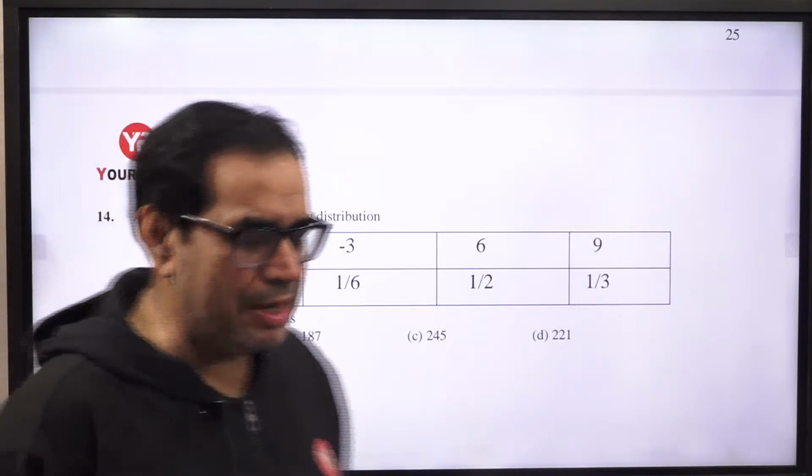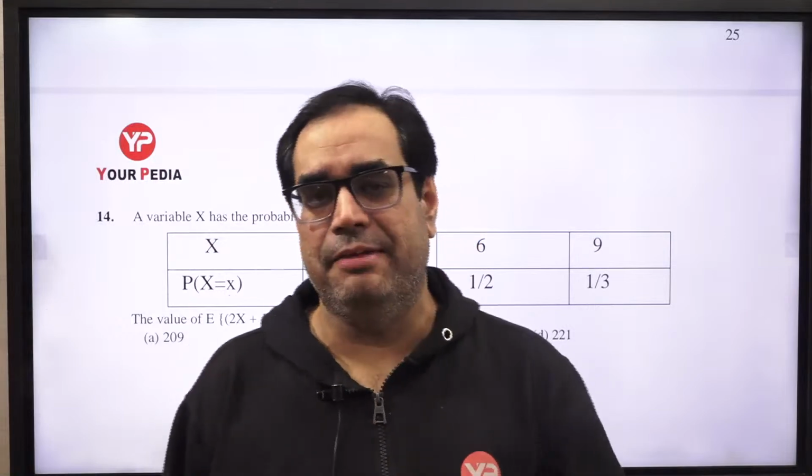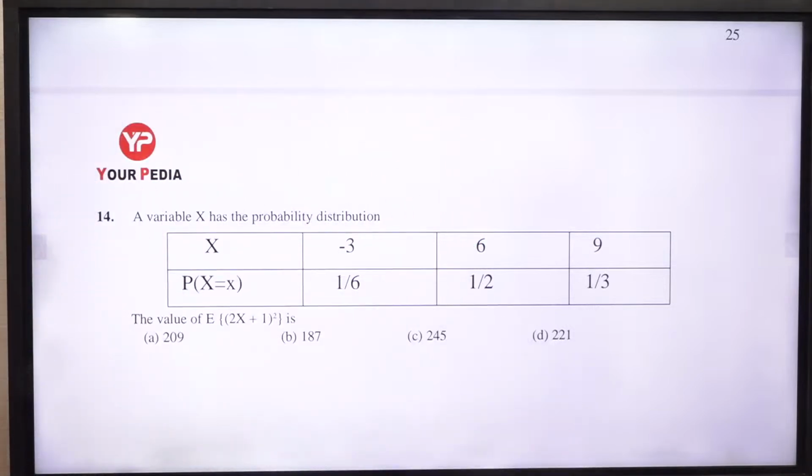You should know how to compute the expected value of a random variable, and also the expected value of a function of a random variable. So anyone who got the answer, please tell me. Quickly calculate, how do we find the expected value of a function?